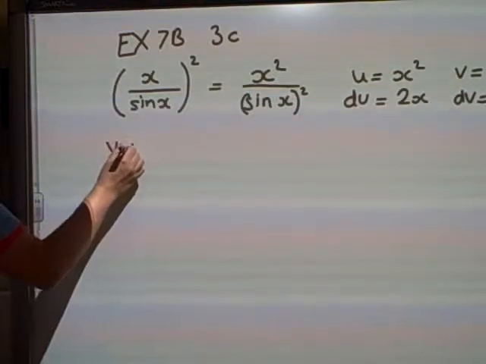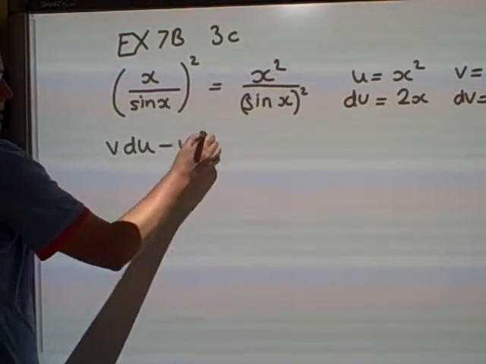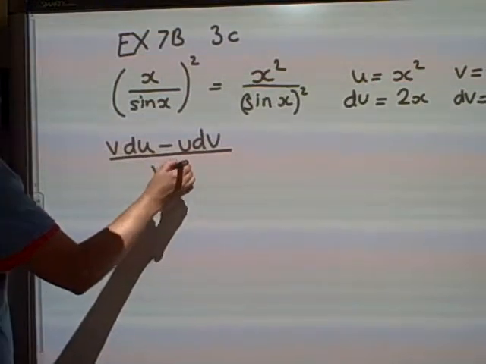Now, when we do the quotient rule, we're going to do v du minus u dv all over v squared.